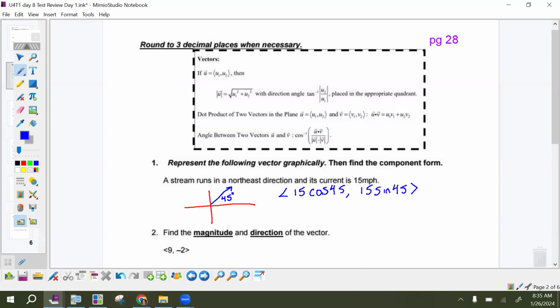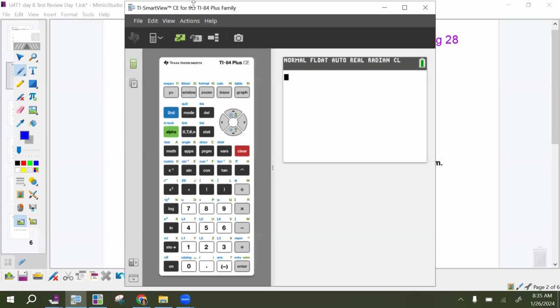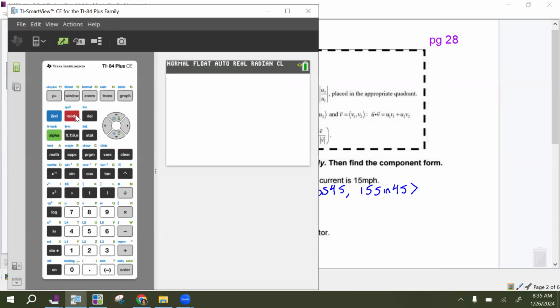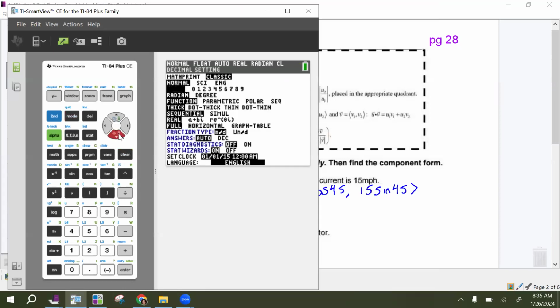In your calculator, make sure you are in degree mode. Press mode. This one's in radians. Hit enter on degree.